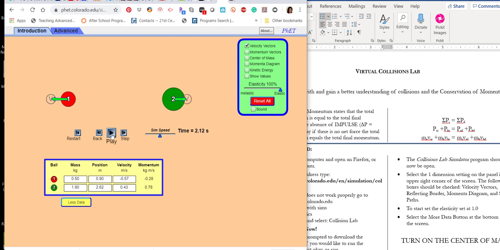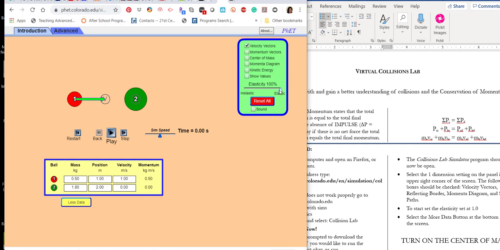See what happened? Let me restart that so you'll see. Perfectly elastic, so they bounce off each other. Boom, they move. Don't really worry about the position, guys. We're really going to be looking at what's happening to the velocity after they interact. All right, so let's reset this.